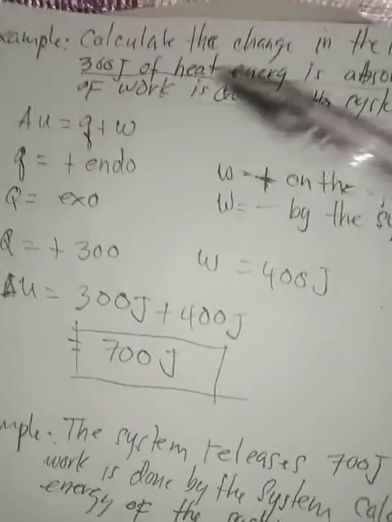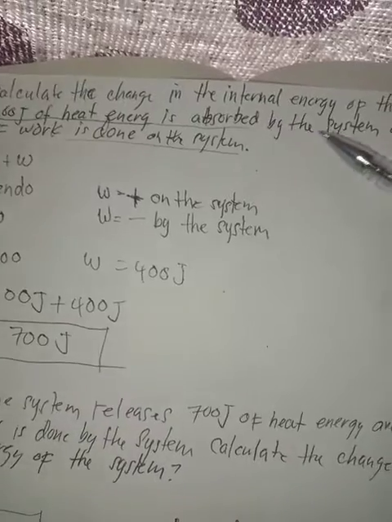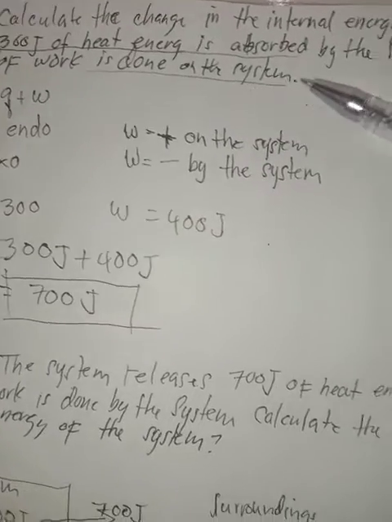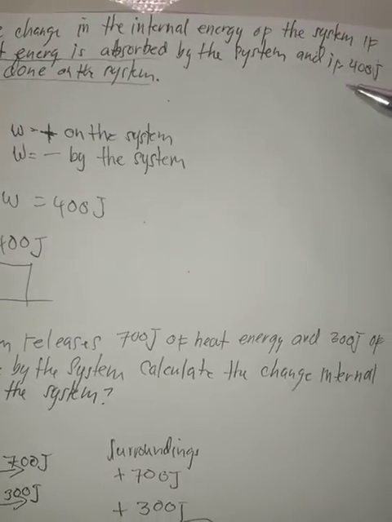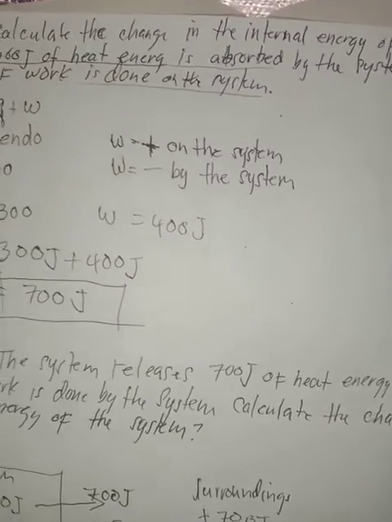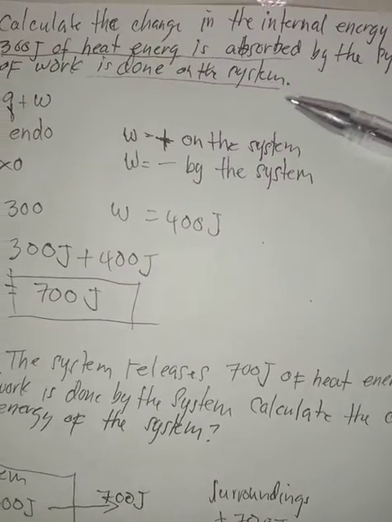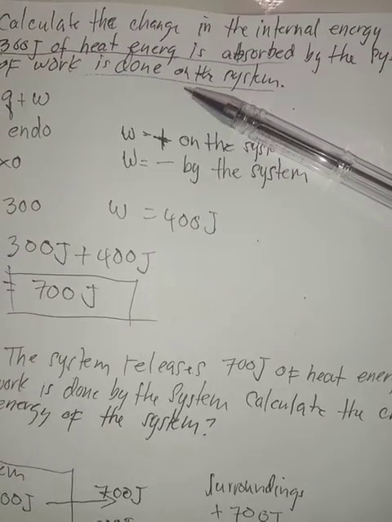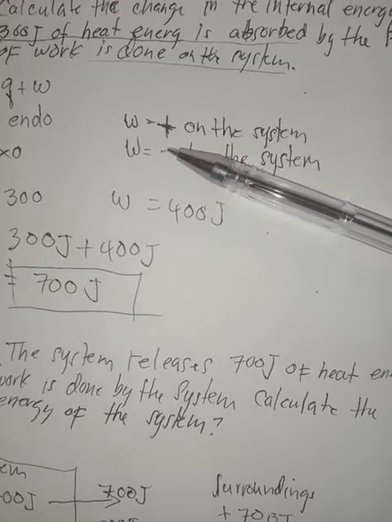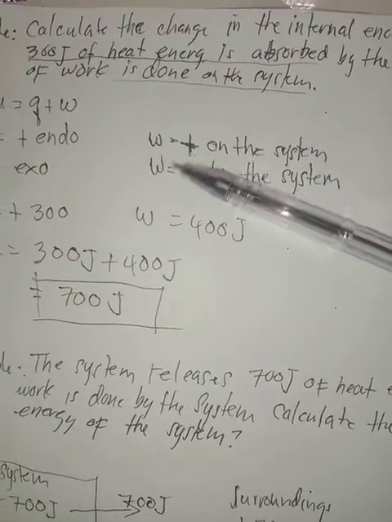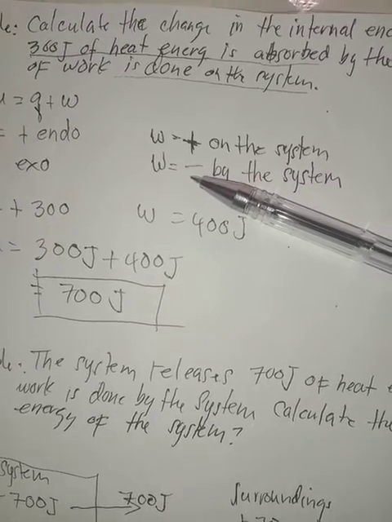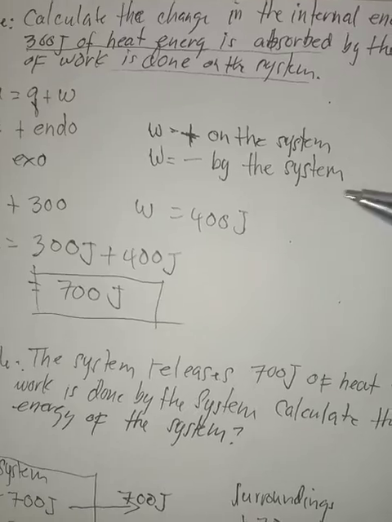First, calculate the change in the internal energy of the system if 300 joules of heat energy is absorbed by the system and 400 joules of work is done on the system. Take note that work done on the system is positive, and work done by the system is negative.